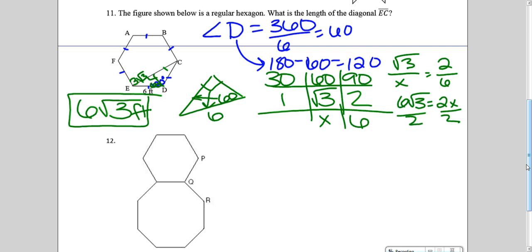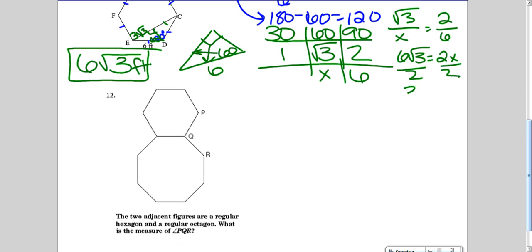All right, number 12. I have 2 adjacent figures, a regular hexagon and a regular octagon. What is the measure of PQR? Well, we know that this whole part right here would have to add up to 360. So what I'm going to do is figure out what is this part and what is this part.